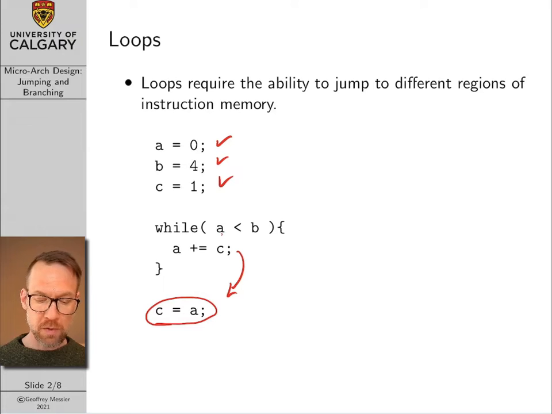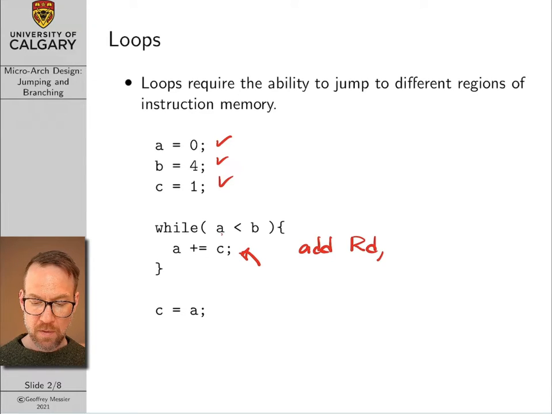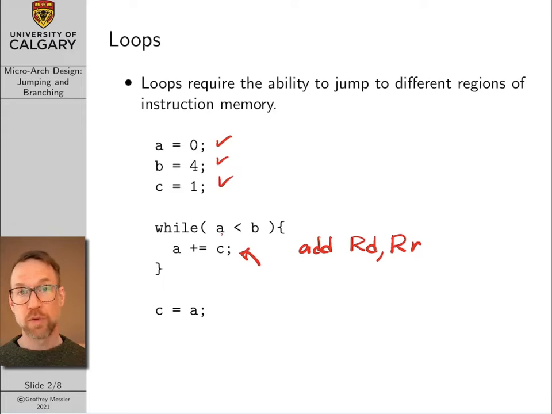When we're doing a loop, we have a certain machine language instruction that adds the value of the C variable to A, and you can imagine this as an add AVR assembly language instruction where we take the value of some register RR, add it to RD, and store the result back in RD.